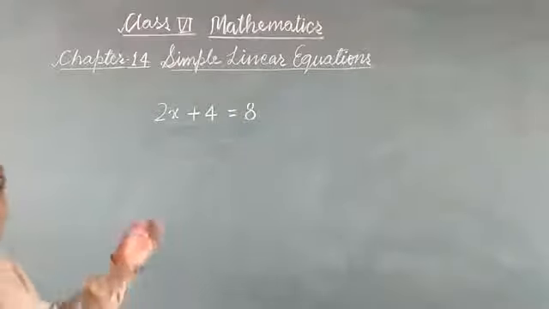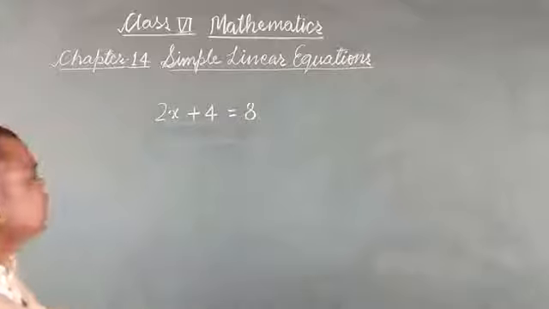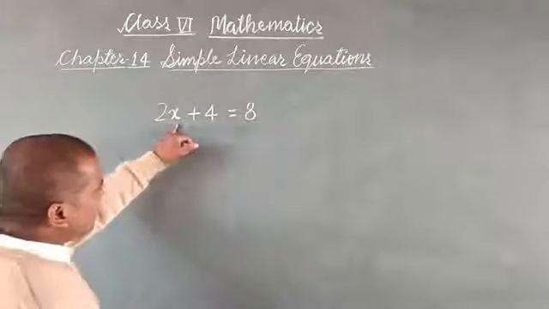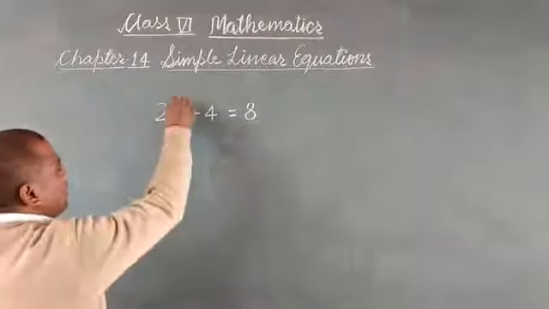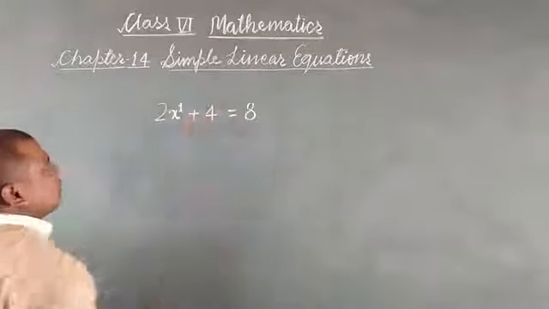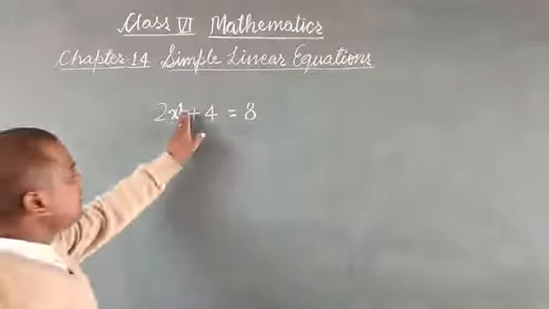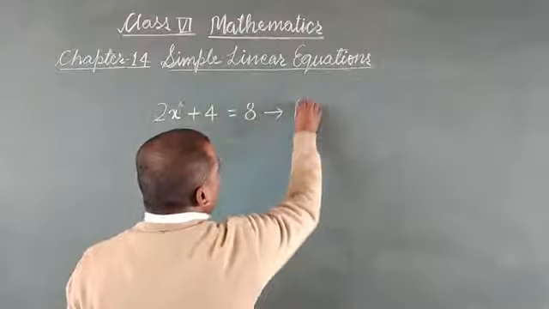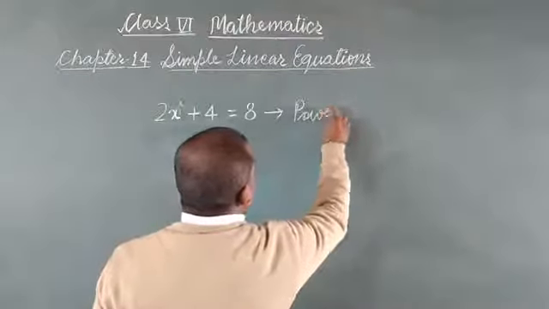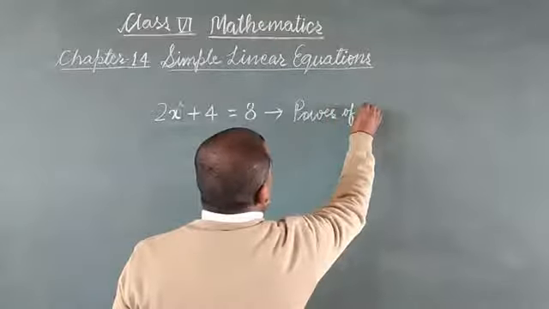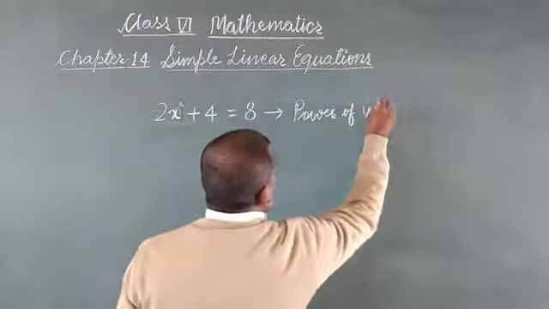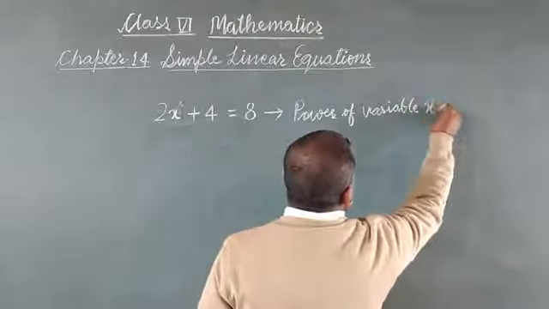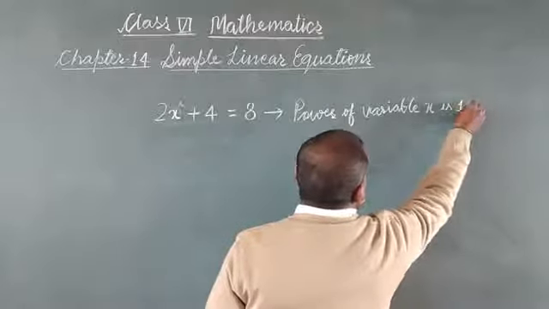Why are we saying linear equation? Because you are seeing in this case variable is x and the power of variable is 1. That's why it is simple linear equation. Power of variable x is 1.